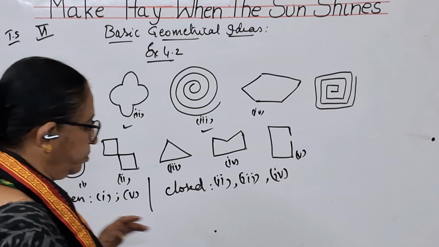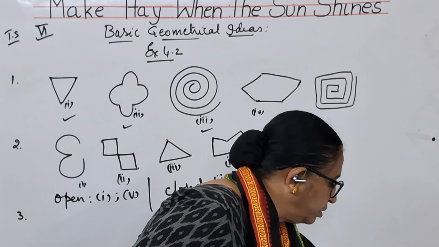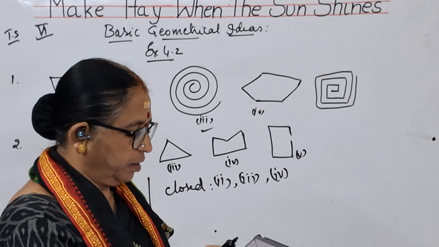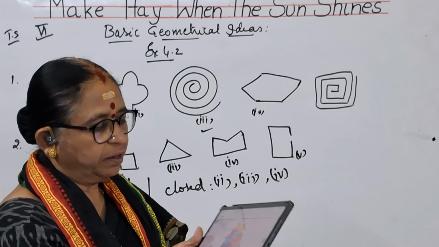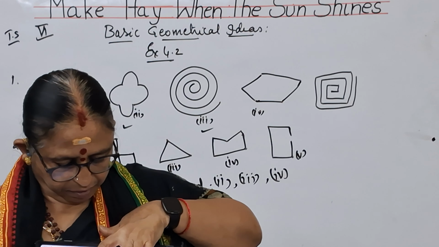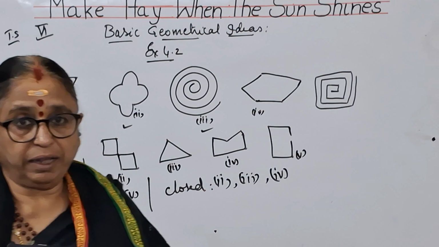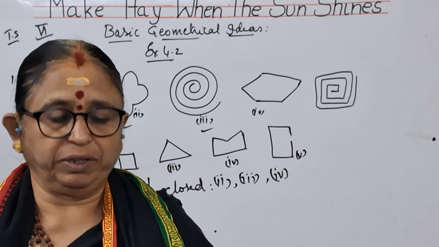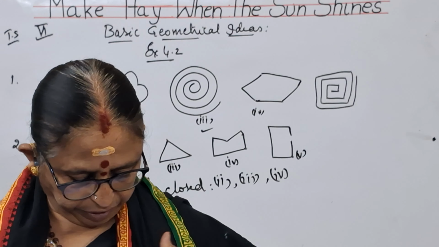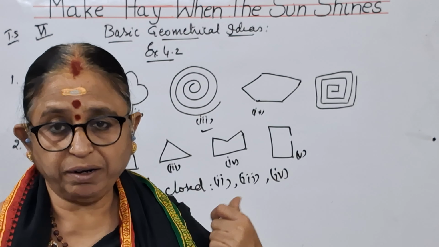And third problem, children, you have got a map here. I hope you can see this. This one is a Telangana map they have given. Telangana map, and certain points are given here.